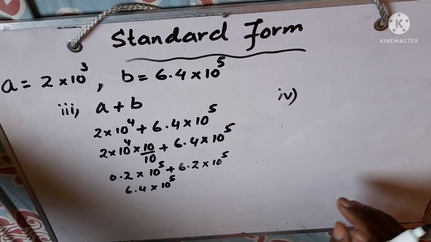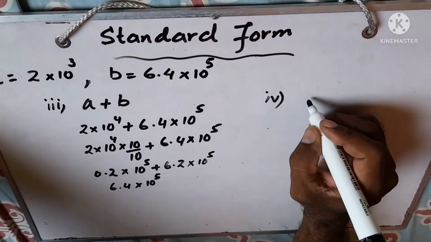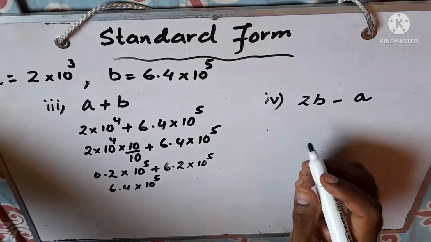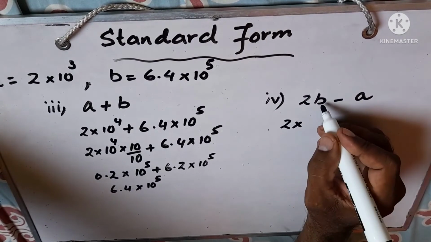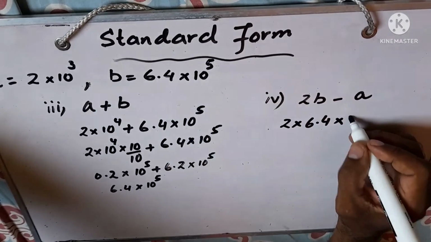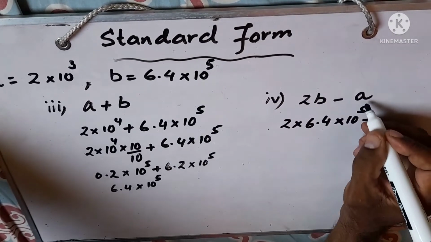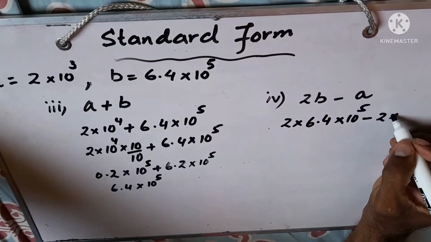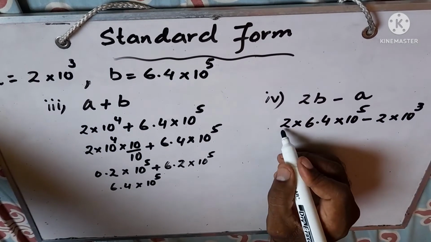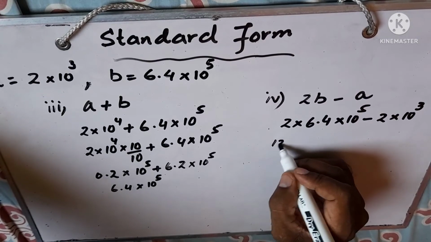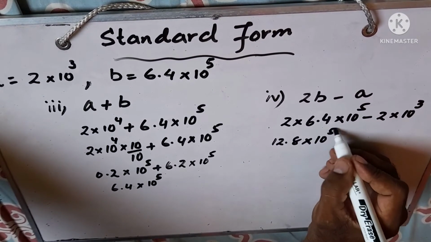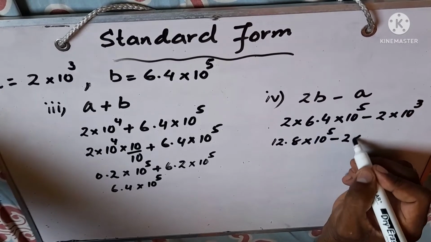Now let's suppose I have 2B minus A. So I'll write 2 multiplied by my B value, 6.4 into 10 to the power 5, minus my A value, 2 multiplied by 10 to the power 3. So 2 multiplied by 6.4 will give me 12.8 into 10 to the power 5 minus 2 into 10 to the power 3.